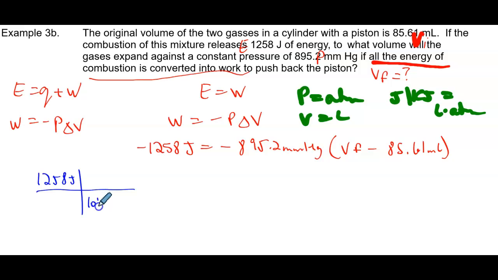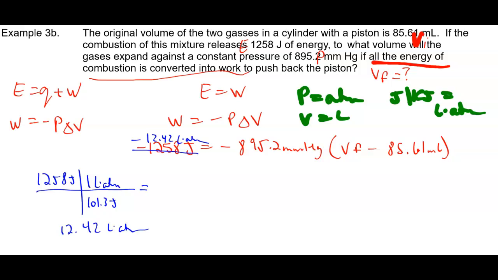We know that 101.3 joules equals 1 liter atmosphere. So 1,258 divided by 101.3, and 4 sig figs is going to give us 12.42 liter atmospheres. So this is going to turn into negative 12.42 liter atmospheres.